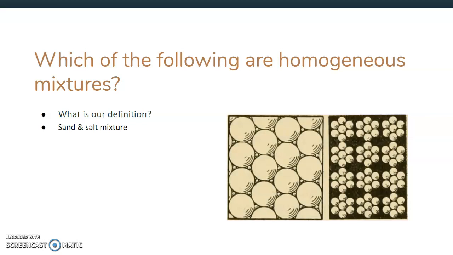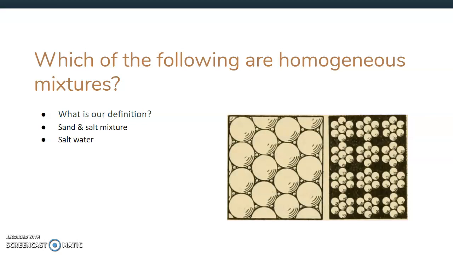If this salt and sand mixture is maybe someone poured a layer of salt and then a layer of sand, or the other way around, and doesn't mix it ever, I would say it would be heterogeneous. So some of these examples can be confusing, or you may need more clarification, but if it ever says well mixed, that means it's a homogeneous mixture.